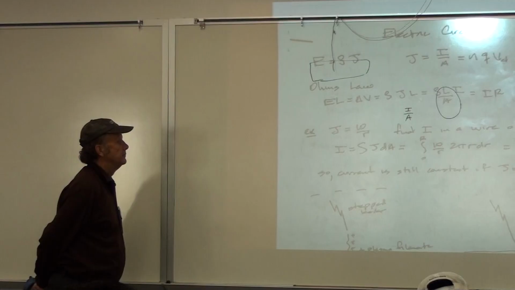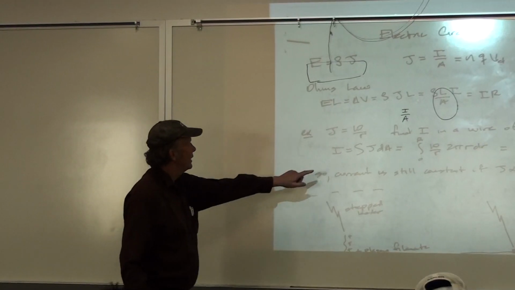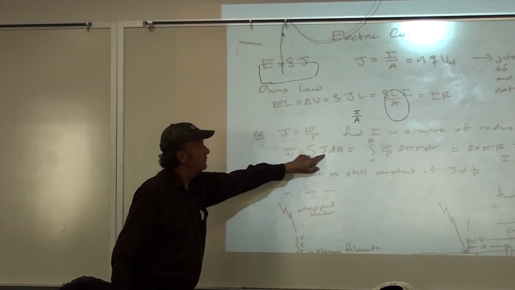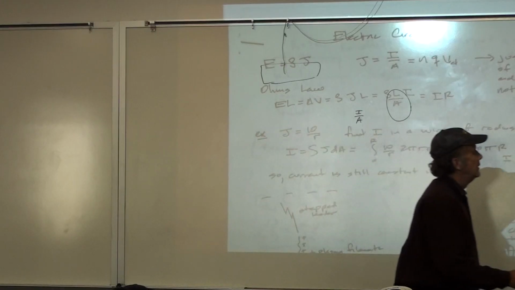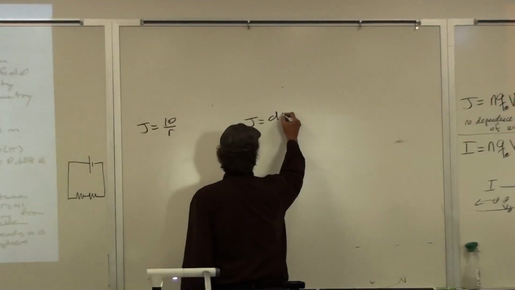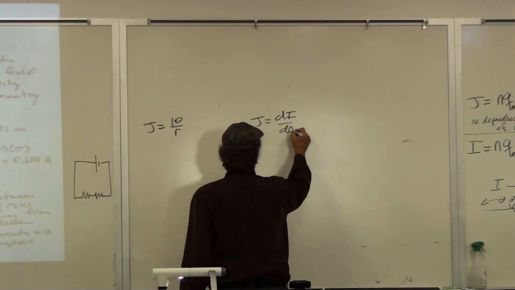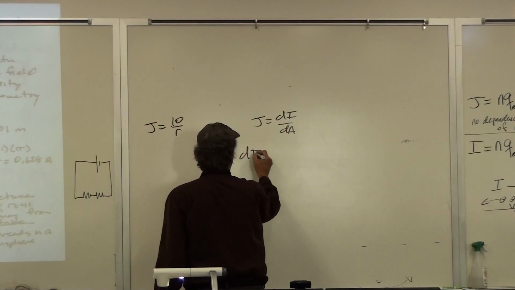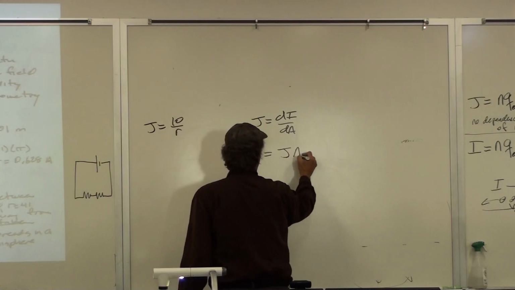Okay, so if we think of the current density as di dA, then di would be j dA.